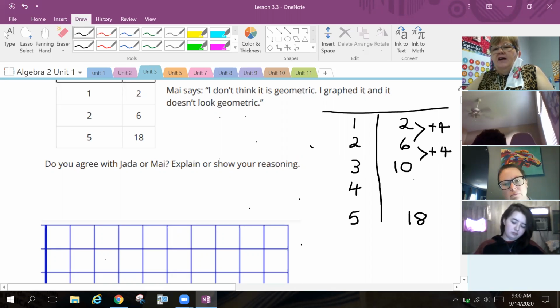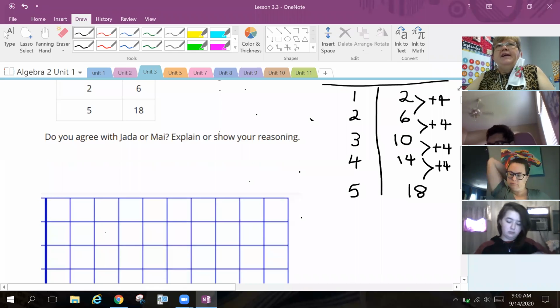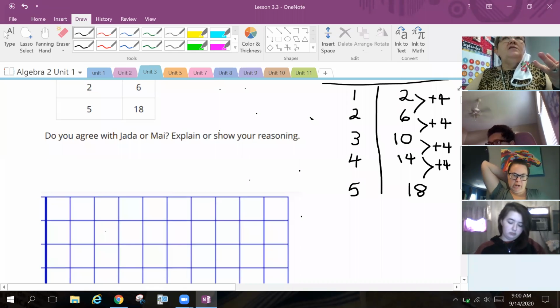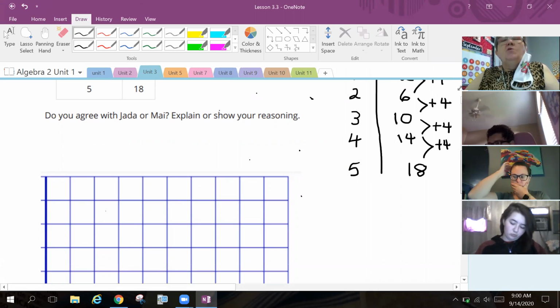And then the next value would be 14. Now, does 14 go to 18? Yes. Okay. So be careful as they give you these to have you figure out what the sequence is. Every term holds a place value for the sequence.